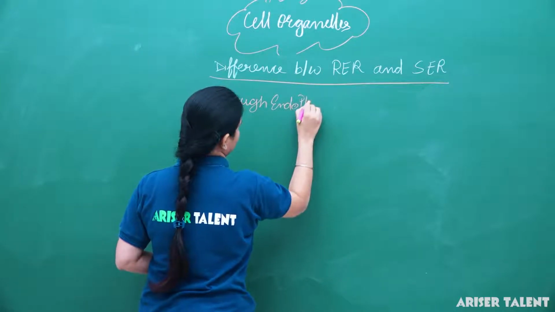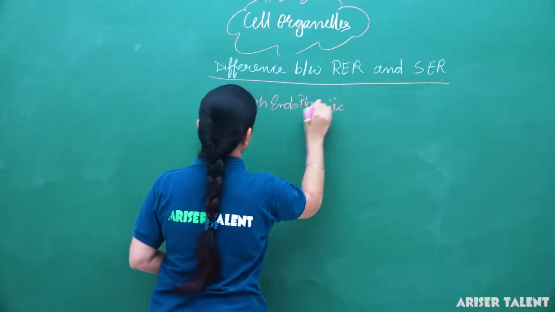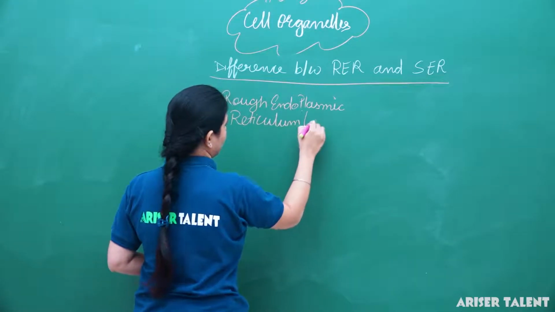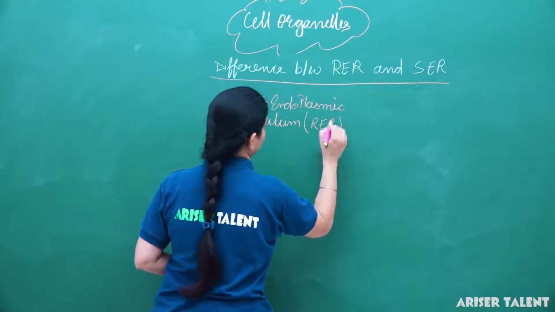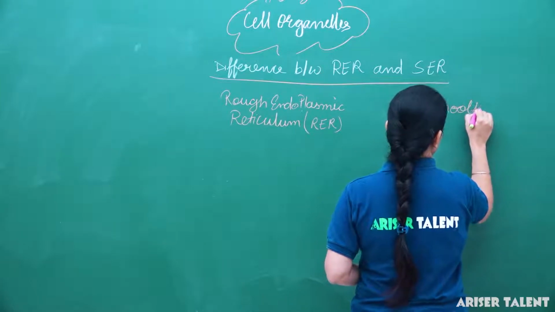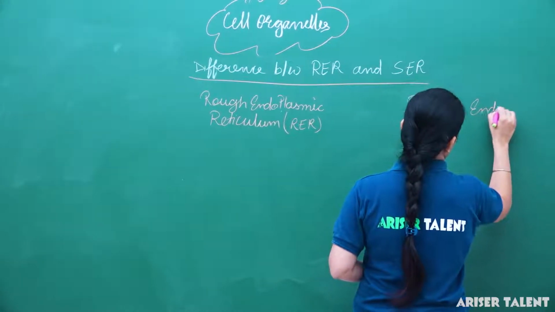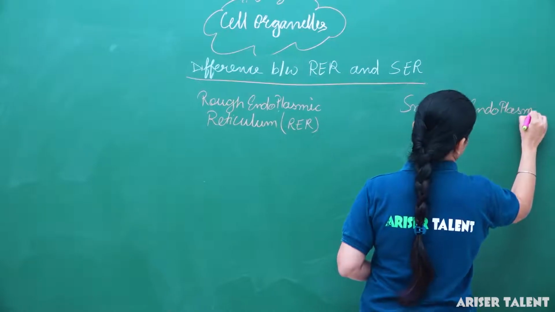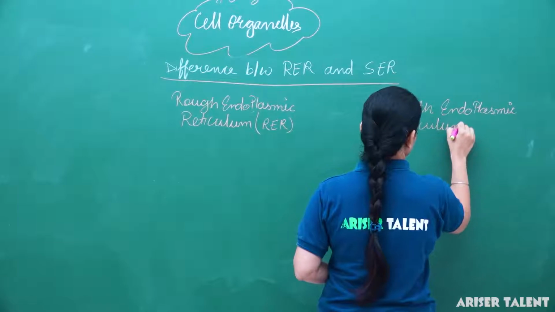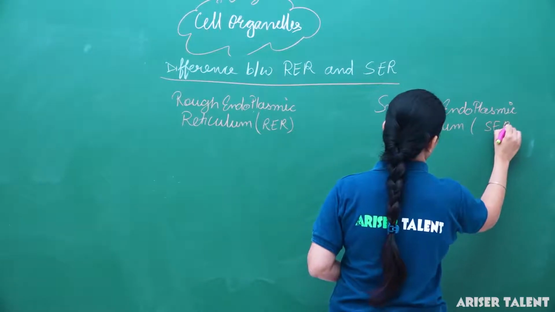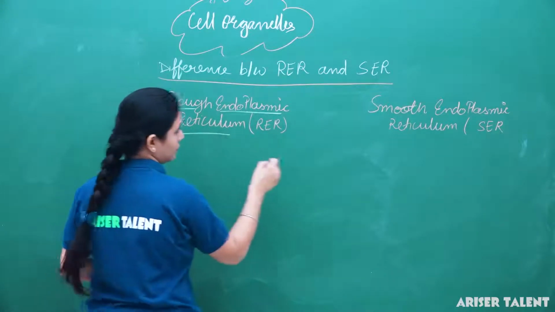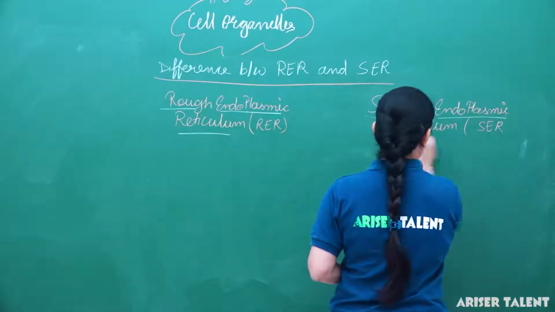Rough endoplasmic reticulum, that is RER, and next is smooth endoplasmic reticulum, that is SER. So, as I told you, the structure of RER and SER.